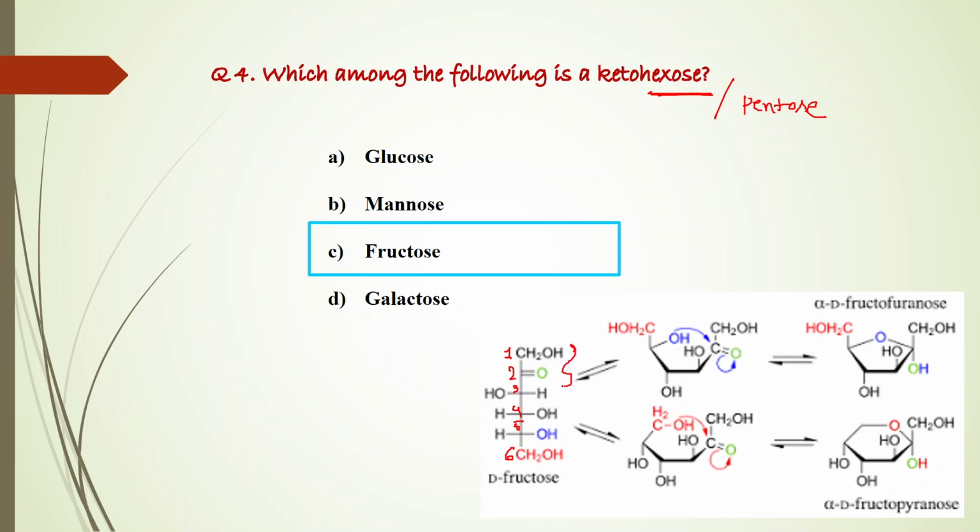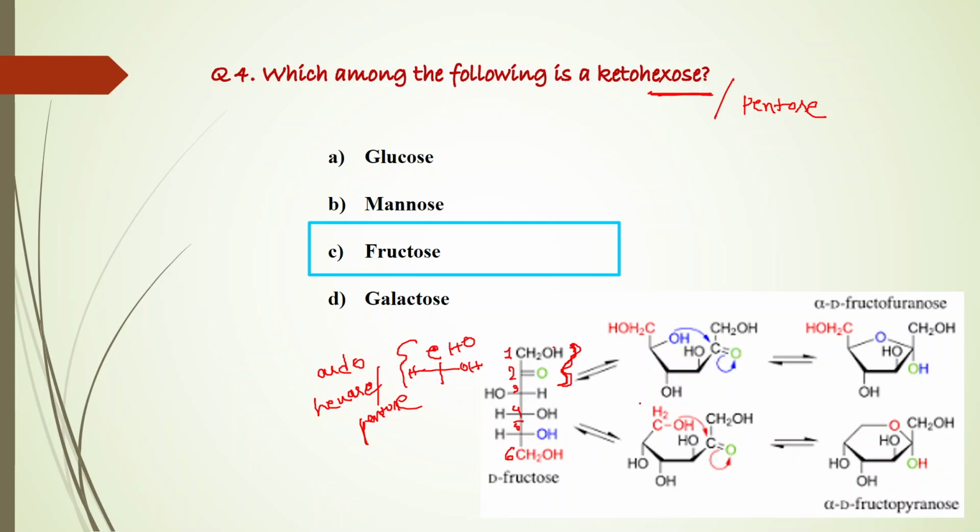This is a ketone. Instead of that, you can have CHO. Whenever you find an aldehyde group at the top, it will be called aldo. It can be either hexose or pentose. But in this case, this is a keto group, so it is called a ketohexose. Depending on that, we are classifying them.